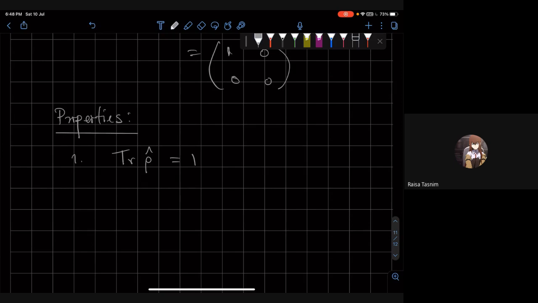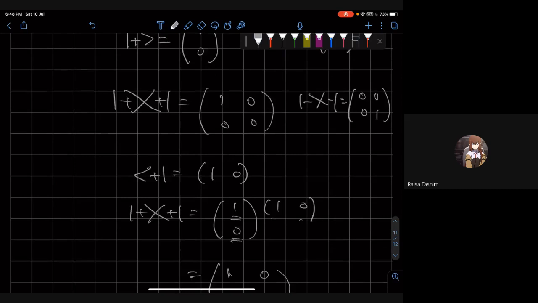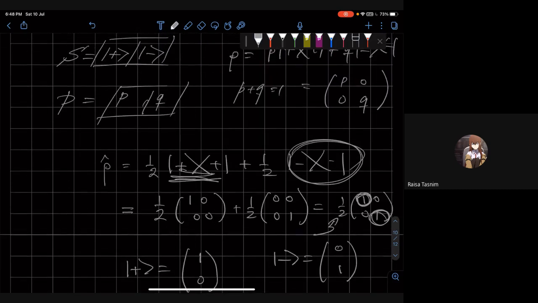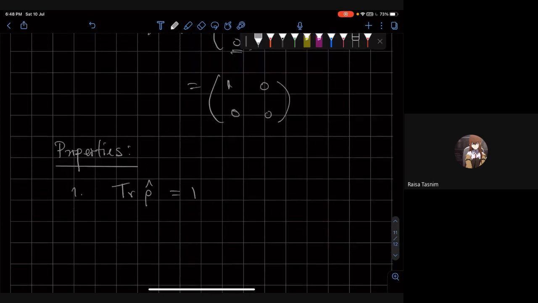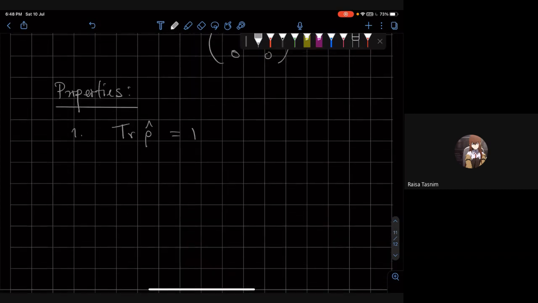This has to do with the definition, with the probability, the fact that we have normalized probability, right? Because if I take the trace of our density matrix, P plus Q has to be 1. But can I prove it? Let's try to prove it. Okay, so this is important, to be able to prove simple statements like this, okay?